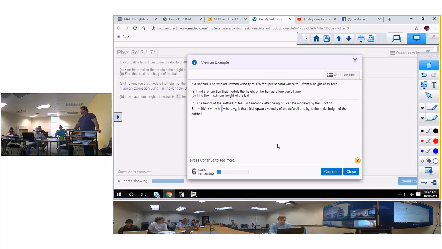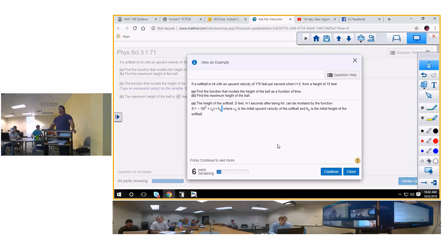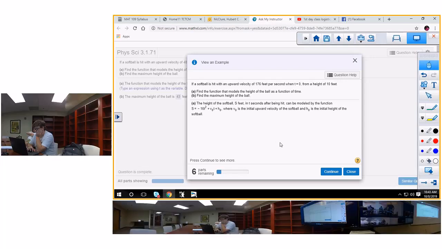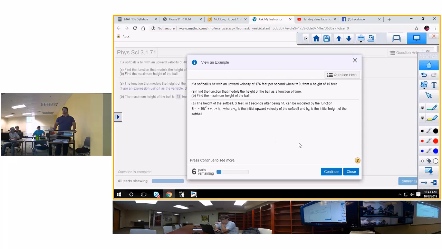That's why a lot of times they don't put it in the question. So s is equal to, that's feet, the height of a ball: negative 16t squared plus your initial velocity times t plus your initial height.